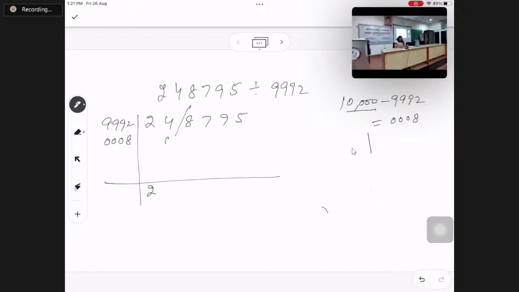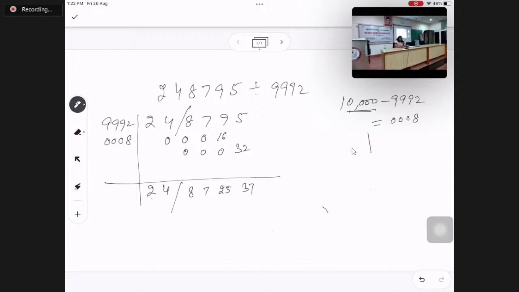Multiply 2 into 0, 2 into 0, 2 into 0 is 0, 2 8s are 16. 4 plus 0 is 4, so we put a slash. Multiply 4 into 0 is 0, 4 into 0 is 0, 4 into 0 is 0. This is 32. So 32 plus 5 is 37, 16 plus 9 is 25, 7 and 8.